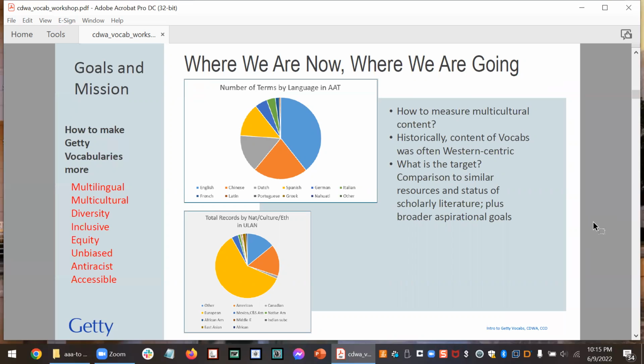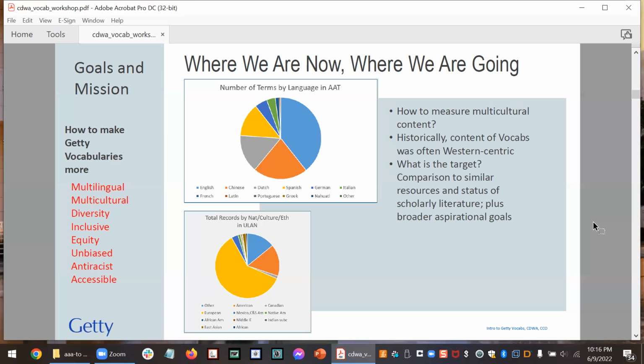So in that first pie chart at the top, the big wedge over on the right in blue are the terms in English in the AAT. And we also have big wedges for Chinese and Dutch and Spanish, and French is being worked on, and other languages. So we hope to even out these wedges over time.